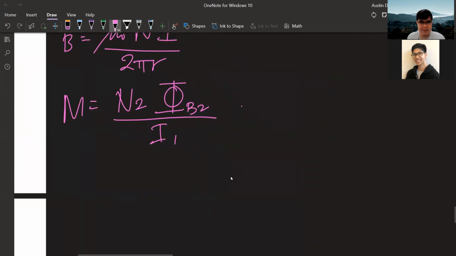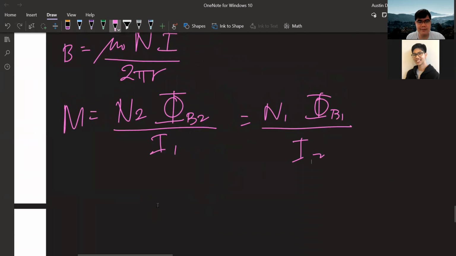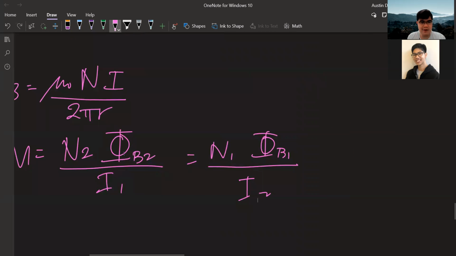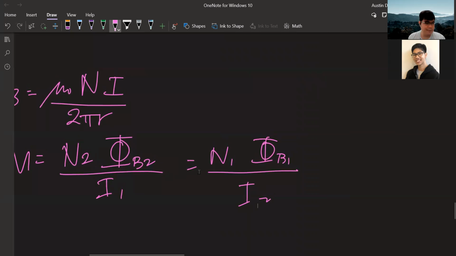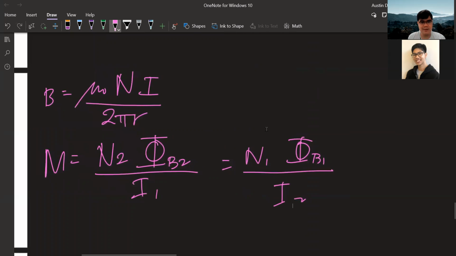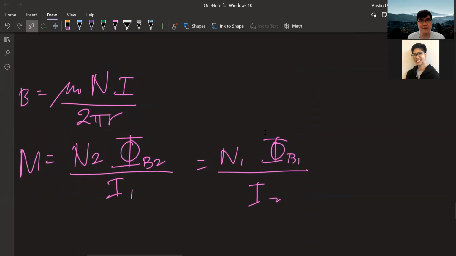Pwede rin naman yung kabila, which is N1, B1, and then I2. Okay. So, either way, parehas lang. Okay, so let's do this. Hanapin muna natin yung flux due to B2. Flux to number 2 yan.